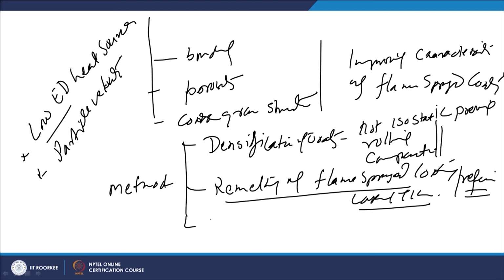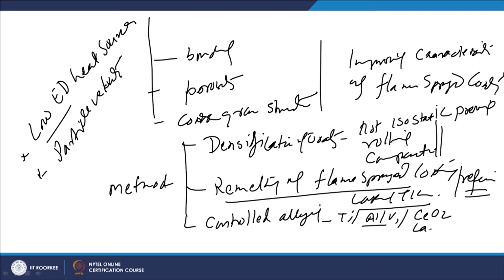Similarly, another approach which is used for improving the properties is controlled alloying. Now, as per the material system, we can use a suitable alloying element, like for the aluminum alloys it may be titanium, for steels it may be aluminum or vanadium, and similarly the rare earth elements are also used in the form of ceria or lanthanum oxide, La2O3. So, these elements will help us to refine the microconstituents present in the flame spray coatings for improving the performance.